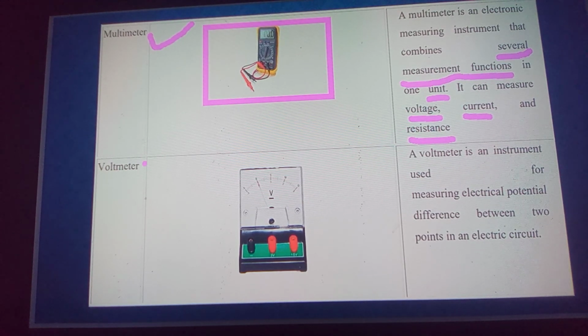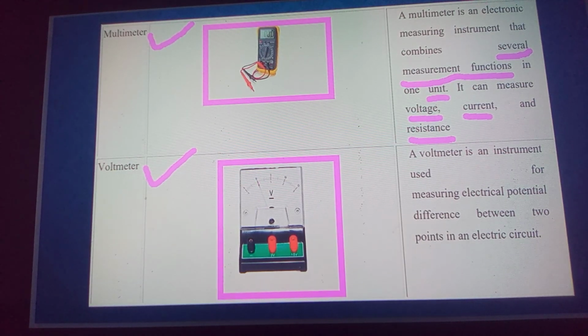Now voltmeter. As you see, it is the instrument which can be used to measure the voltage or the potential difference between 2 points in an electric circuit.